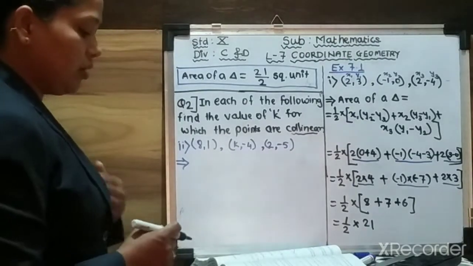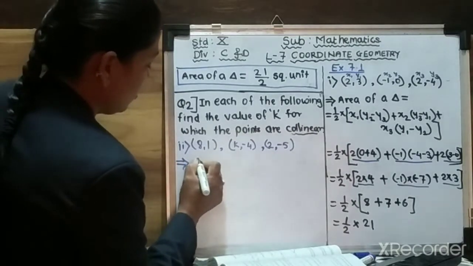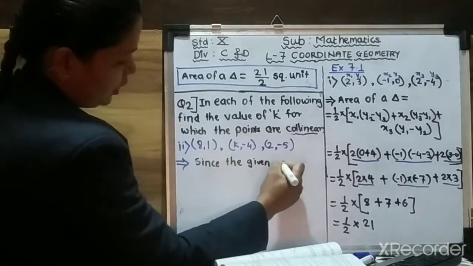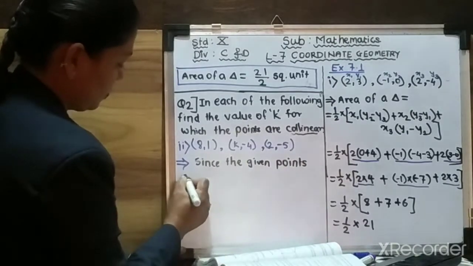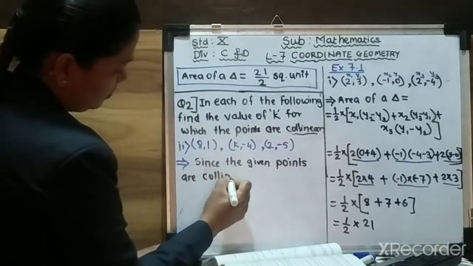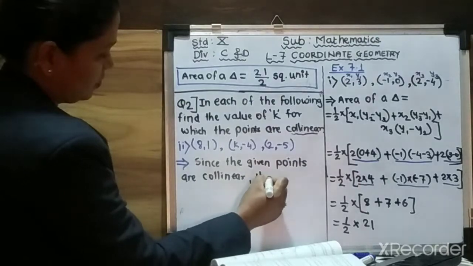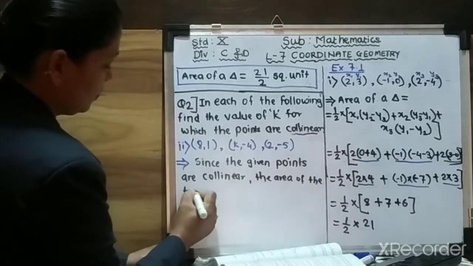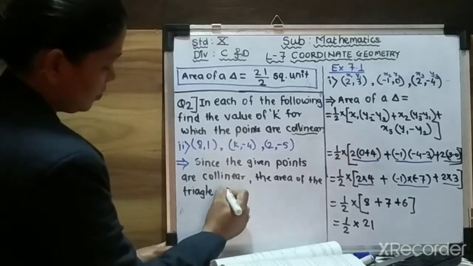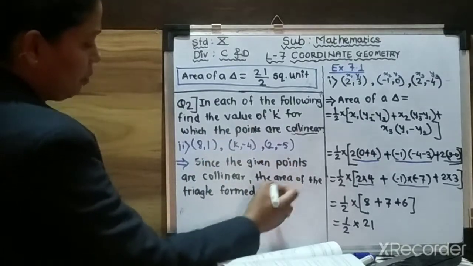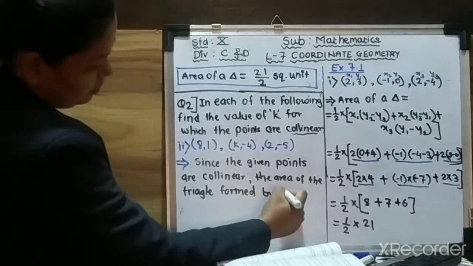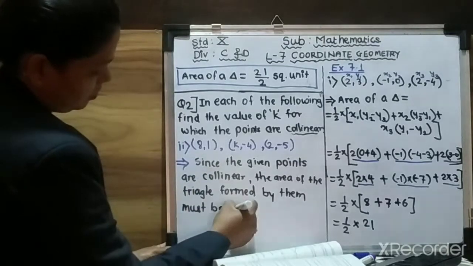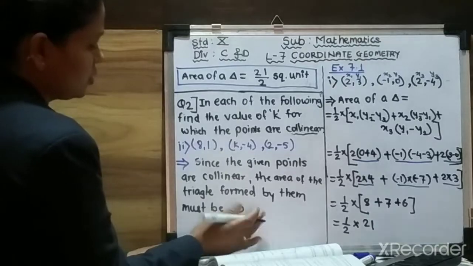So at that time we will write here first of all that since the given points are collinear, the area of the triangle formed by them must be 0. Must be 0. Write it down 0.